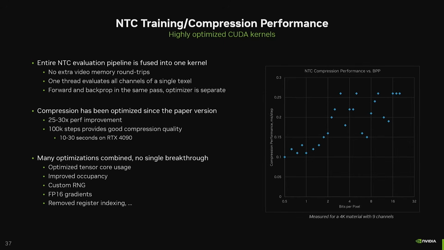The result is that we can take a single texture set and train the network and latents for it in something like 10 to 30 seconds, depending on the texture size and the quality. I mean, on a 4090, of course, and on slower GPUs it will take longer. This speedup has been achieved by many separate optimizations. There is no single breakthrough that allowed us to get 30 times faster.